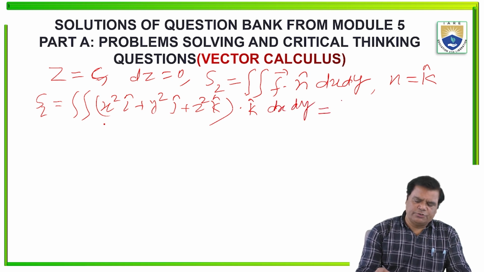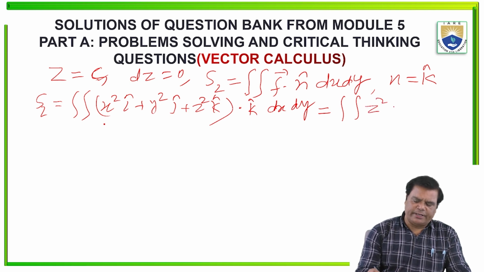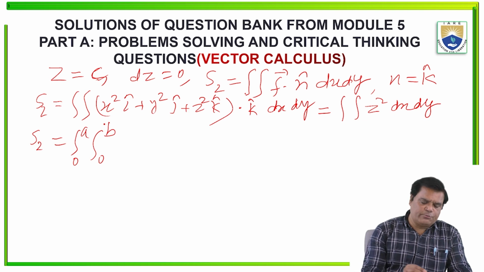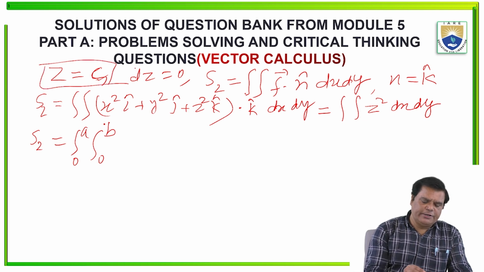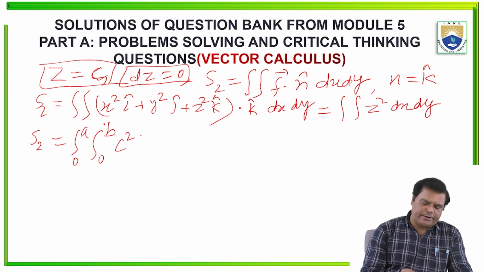So this equals the double integration of k dot k, which means only z square, dx dy. This equals, for S2, the double integration from 0 to a and 0 to b, putting z equal to c, dz equal to 0. So here c square and dx dy.